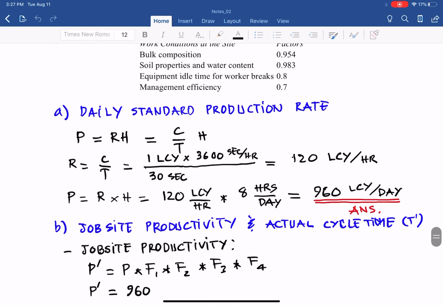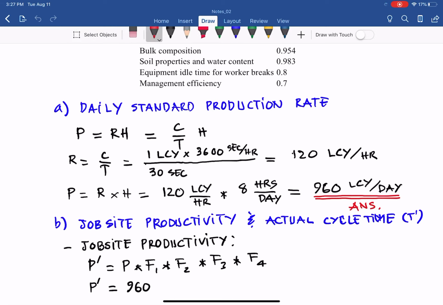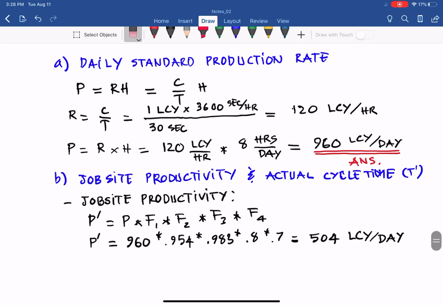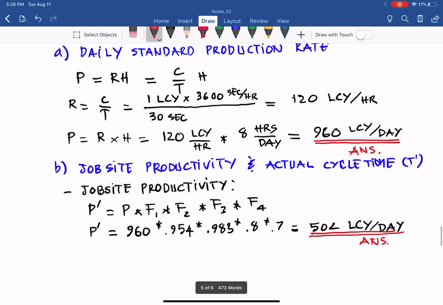Then F2 is 0.983, F3 is 0.8 and F4 is 0.7. So we get only 504 LCY per day. So the actual productivity is almost only half of the manufacturer's claimed production. As you can see, the way that we manage and control the operation is very important.